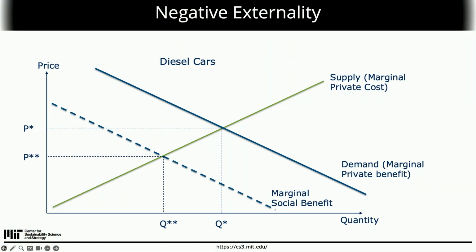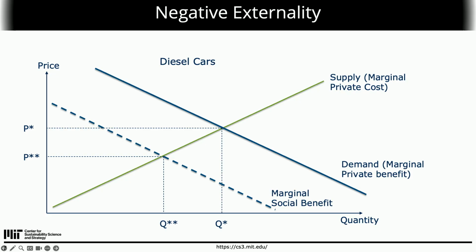So if we look at a negative externality from the consumer side or from the demand side, we can think of the idea of using diesel cars. Okay, so we know that diesel cars have quite a lot of emissions that come out of their tailpipe, but when you purchase that diesel car and then use it on the road, that is not represented in that initial transaction.